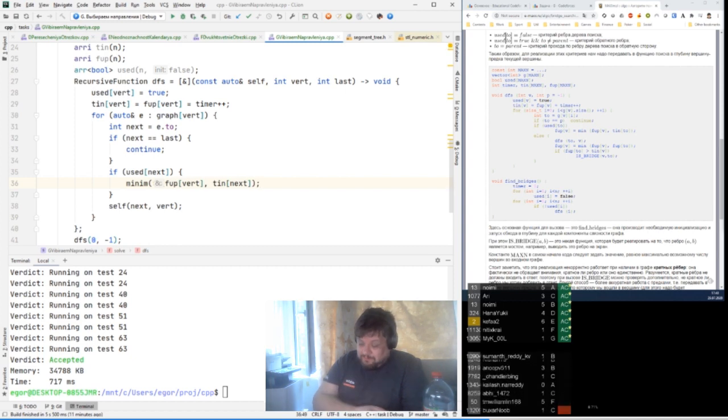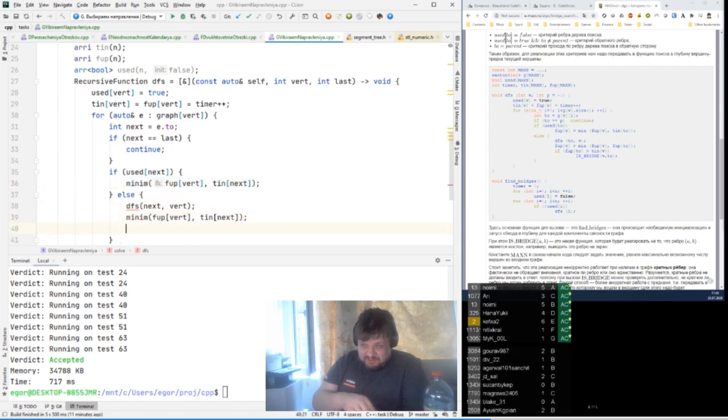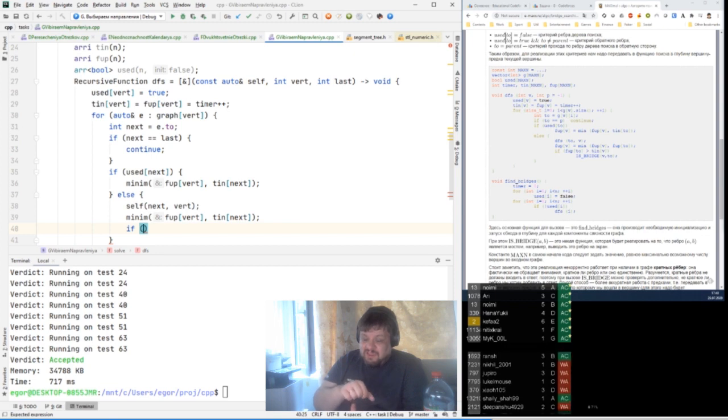So, yes, after we calculate all these profits, like using dynamics on the tree, and also one more thing: if some subtree contains either none of the special vertices or all of the special vertices, we do not need to pay the cost of the edge that is going to this subtree.